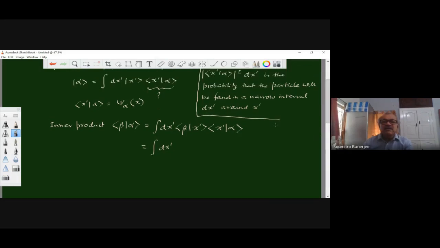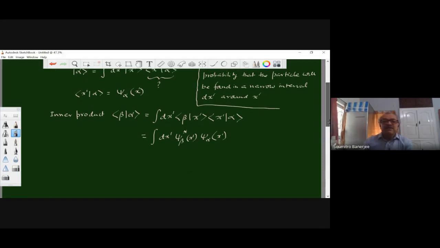It is basically psi alpha evaluated at x prime, and this one is its conjugate. That means you can write this as x prime beta star. So it is nothing but the same thing with the star, so it is psi beta star.